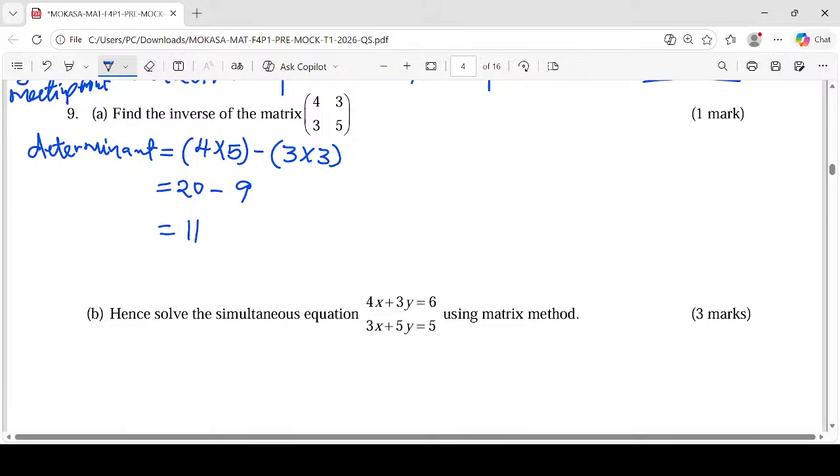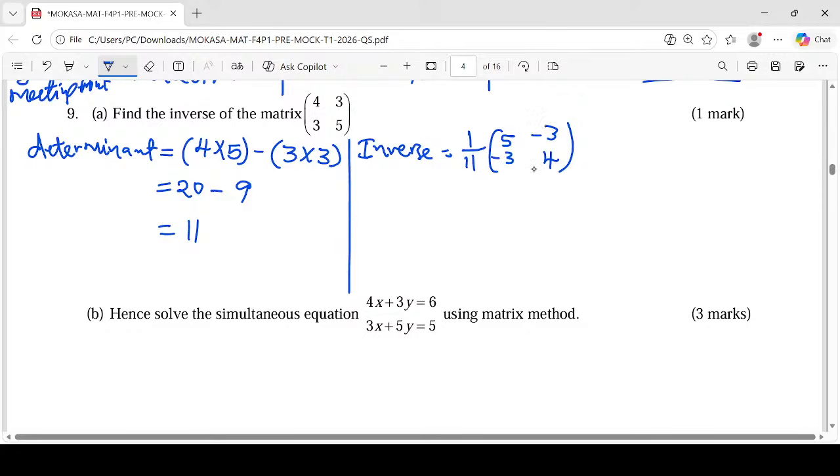After getting our determinant, we can proceed and get the inverse. To get the inverse, it's normally 1 over the determinant, which is now 1 over 11, into the elements in the main diagonal interchanged, and the signs of the others change: -3, -3.